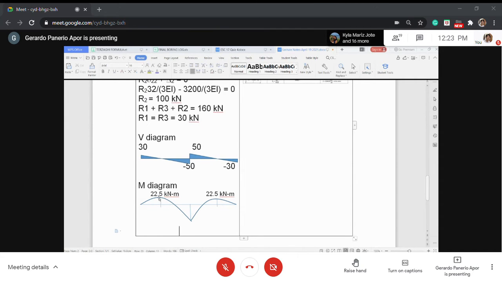But we have a positive moment here, so we add 22.5. So this one here is minus 40.  I will make this small. 40.12 kilonewton-meters. So these are the moments.